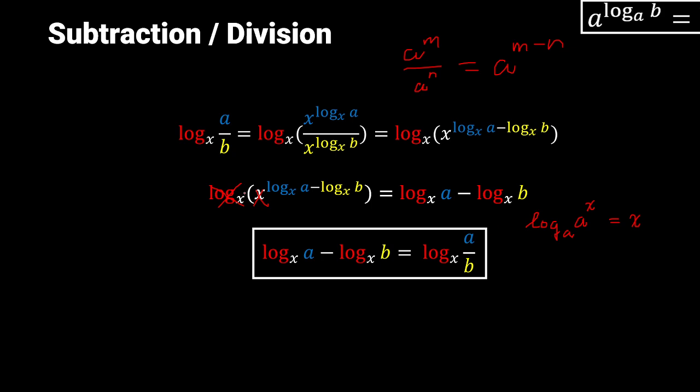Similarly, we have a as our x here, and this is our exponent. This is our x value in the property that I've used earlier, and that's just what's written over here. And that's how we prove that log a to base x minus log b to base x equals the log of a divided by b to base x.